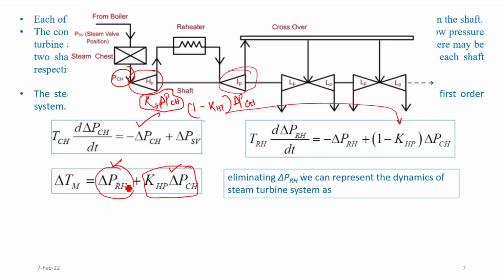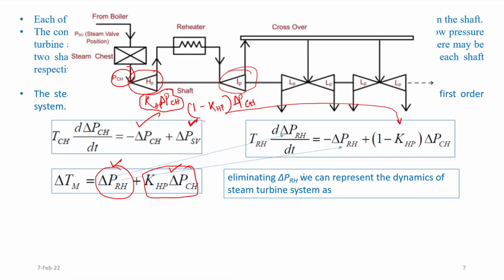Because I want to write the equation of delta T_m and delta P_CH, I substitute delta P_RH in this equation. Delta P_SV is the valve power, the power associated with the steam at the valve point.